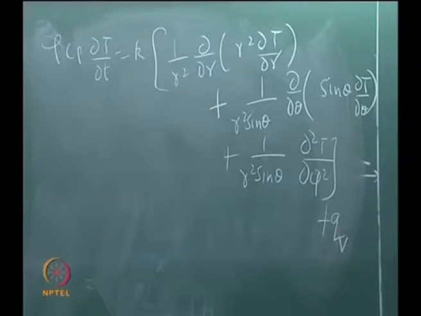So I asked the derivation of this equation as a question in the end semester examination 8-10 years back. Don't worry, nowadays I don't do such things. It can be derived, but it is very painful and takes a long time. If it is just a conduction course, we can do it.